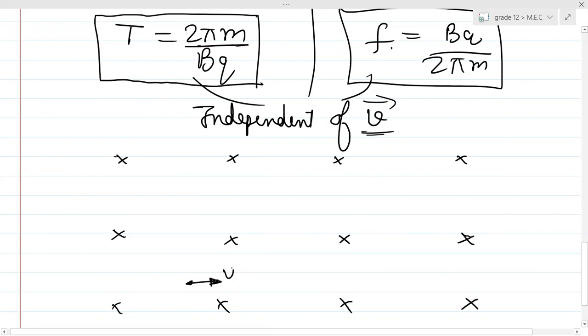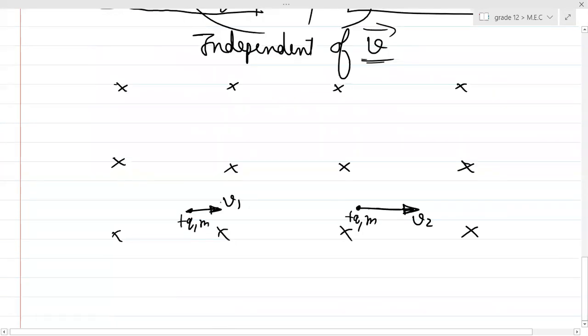I throw this particle with a velocity v1, and this particle with a velocity v2. Same identical charge plus q and mass m. Both charges are identical, but I am throwing v2 at a higher speed.